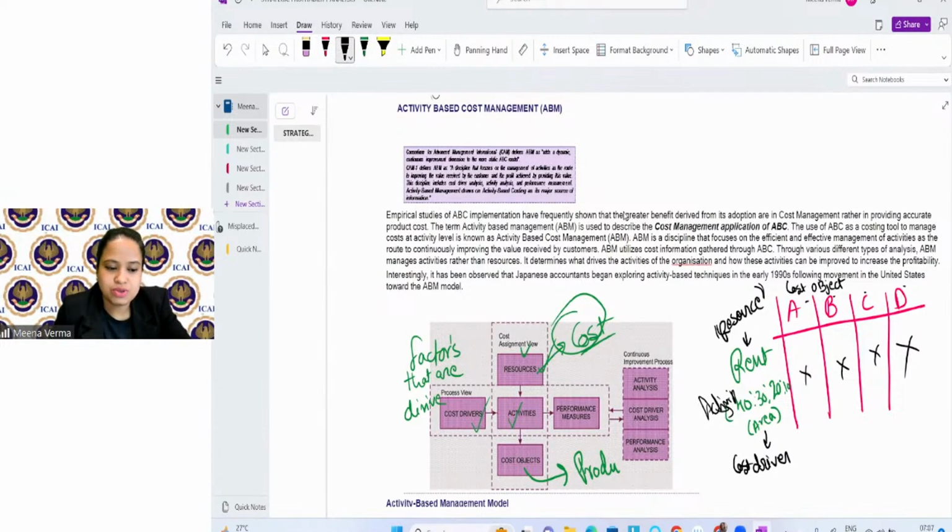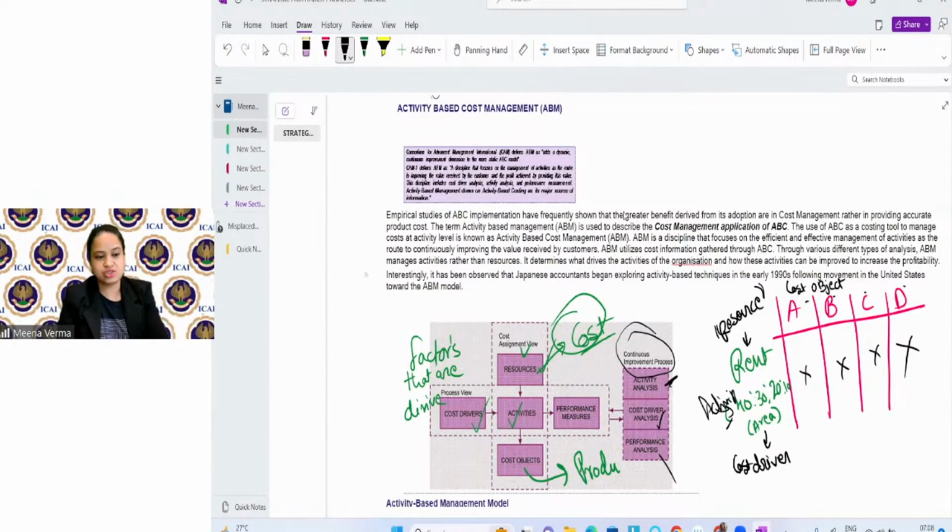Then you measure the performance of these products, and it's a continuous process. They are saying, activity analysis, analyzing on what ratio you are allocating the cost, analyzing the cost driver, performance analysis. So when you are allocating the cost to the product, it's not a one-time process.